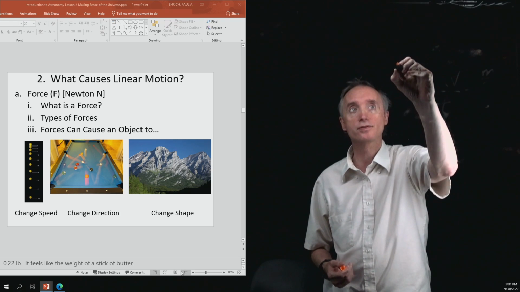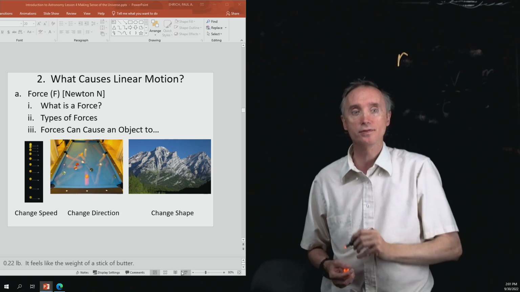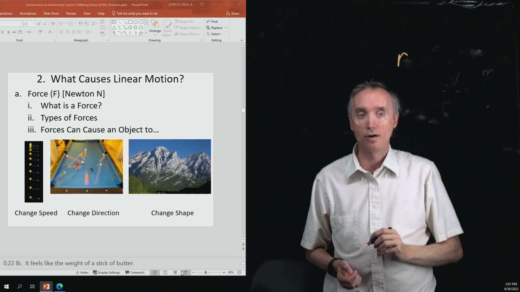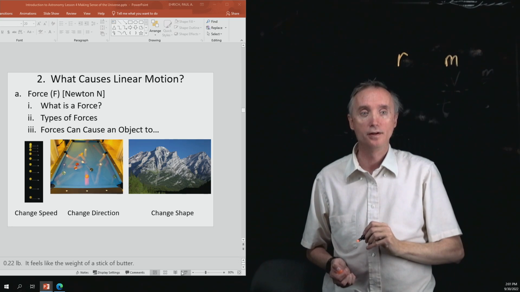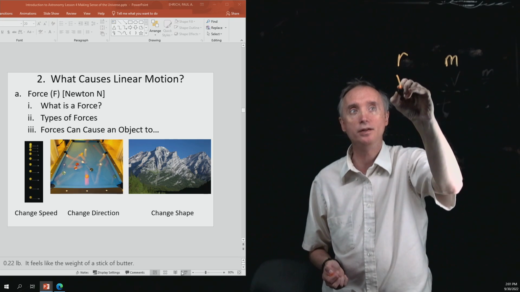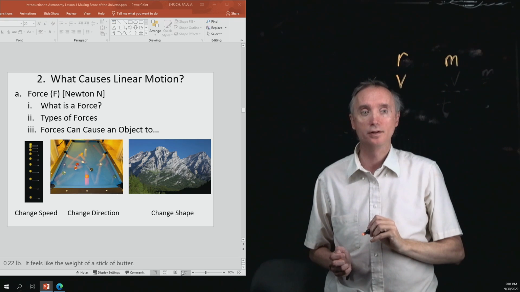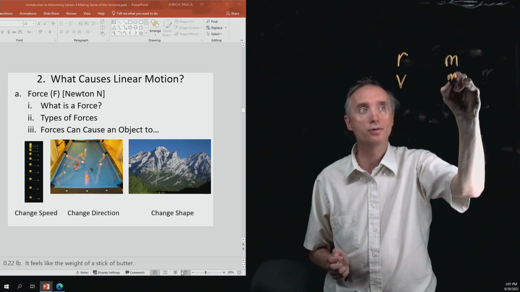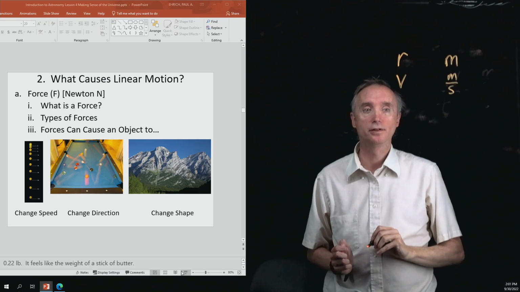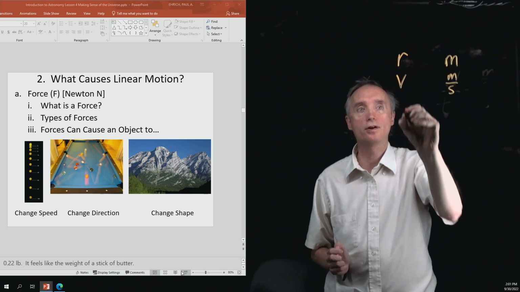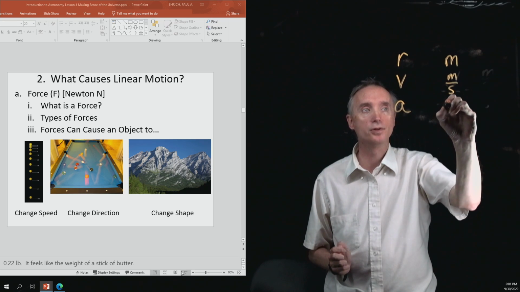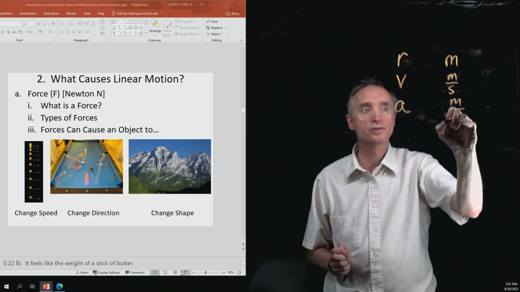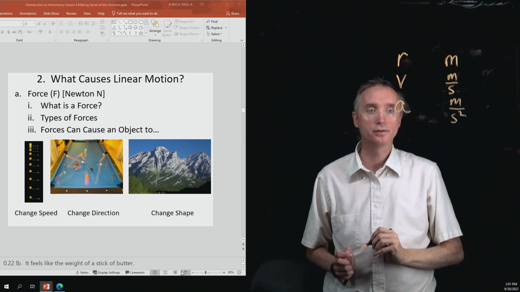On your list, we've talked about distance, which was the letter R, and the unit was the meter. Then we talked about speed, or velocity, and its unit was the meter per second. And then we talked about acceleration, which was in meters per second squared.